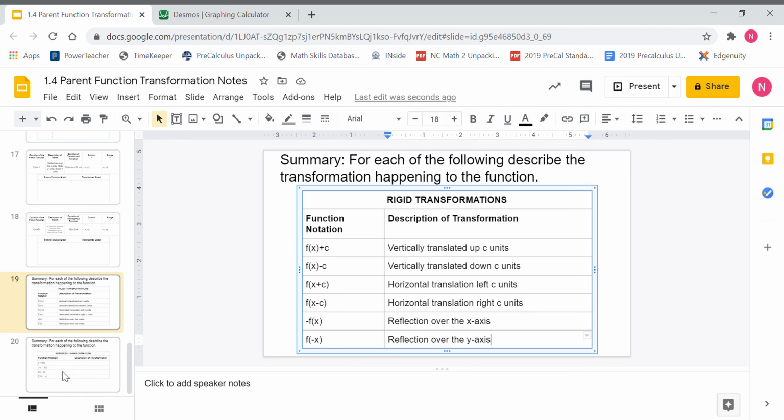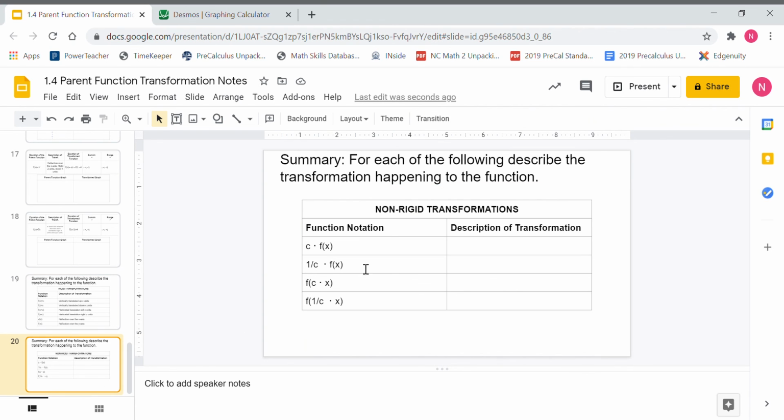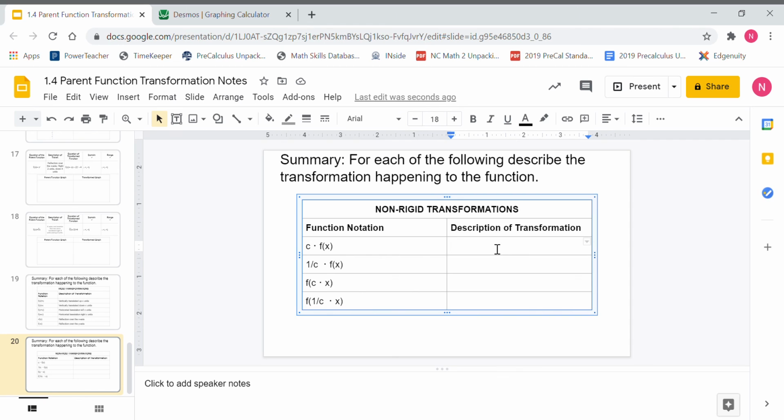All right, this list right here is the list for rigid transformations. And what I mean by that is that rigid transformations are just moving your function to a different location. So left, right, up, down, doesn't change the shape, doesn't change the opening, it doesn't really change it other than where it's located on your graph. So your non-rigid transformations are actually affecting the shape of it. So those are your stretches and compressions.